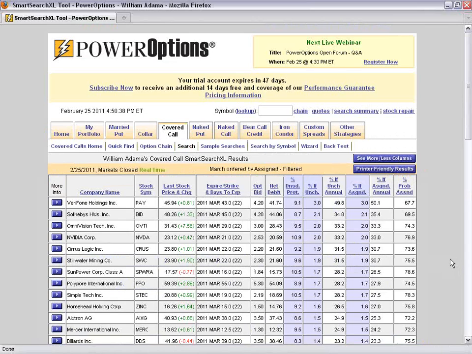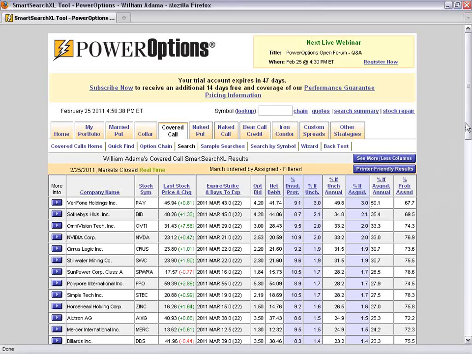When I run a search in any strategy, I've put in the criteria for the stocks I want to trade. If I'm in a bullish strategy, these are stocks that I feel are strong ownership and good bullish positions. And I'm only selling calls against those positions that match my percent return if assigned, my percent if unchanged, and my downside protection requirements.